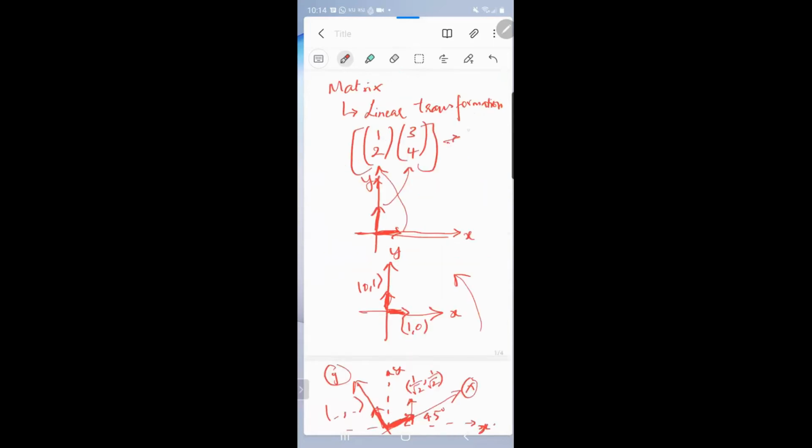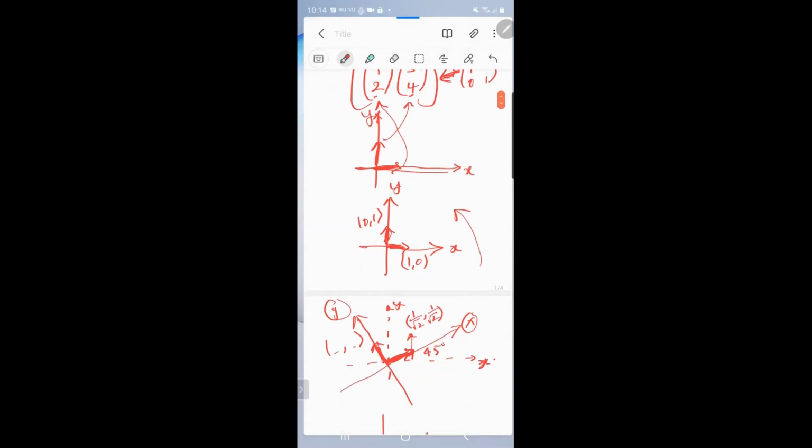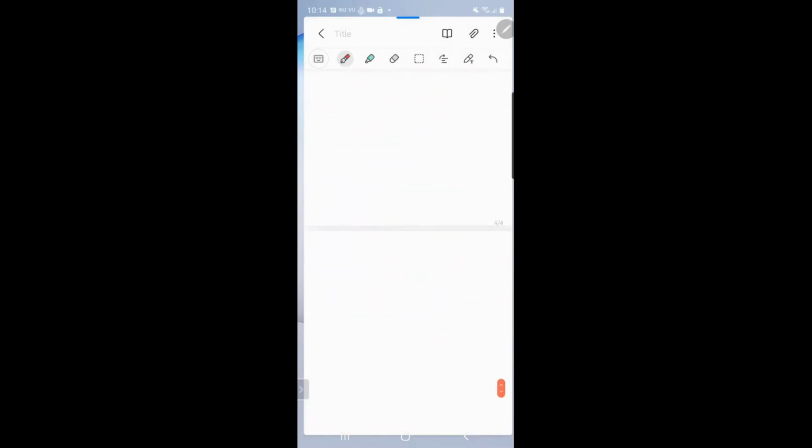This simply is the position of (1, 0) and (0, 1) after doing the transformation. Where did these two vectors land? But these coordinates are in the original coordinate system, so it's not necessarily a good way of representing these.